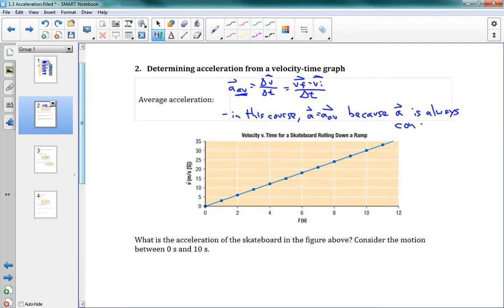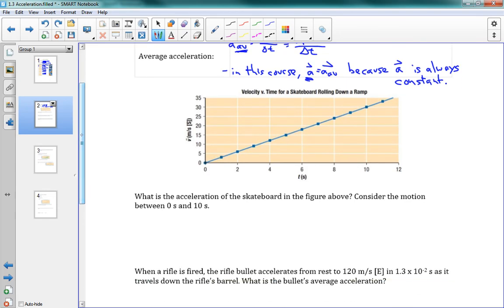Now that's only true in this course. It's certainly possible to have acceleration that's not constant, but here we're only ever talking about constant acceleration. So from now on, I'm just going to simplify and only write a. Okay? Good. And same for you. From now on, when you're writing a, feel free to just write a and not a average.